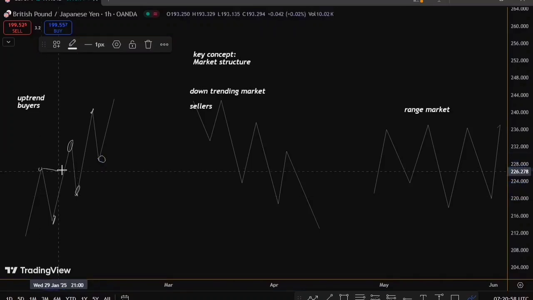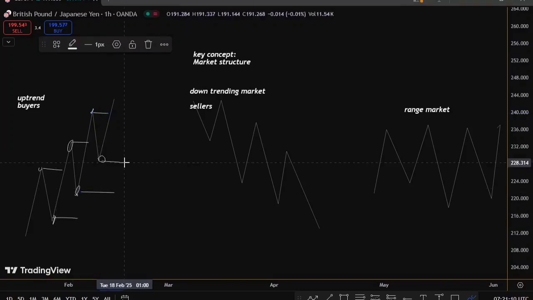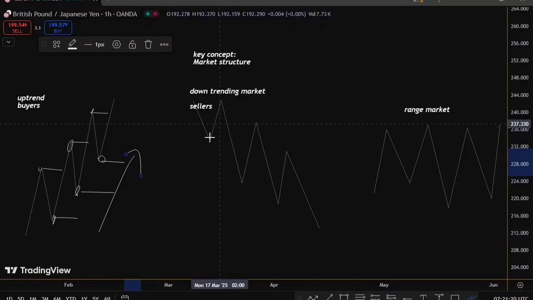So you want to see price take out previous highs in an uptrend and protect previous lows. We don't want to see previous lows get violated, and it signifies an uptrending market, which is for buyers.